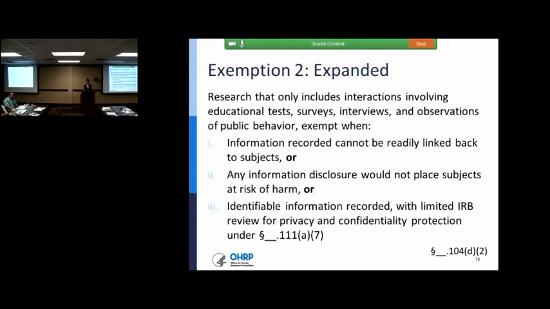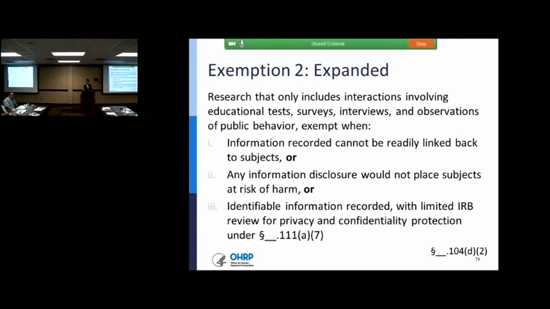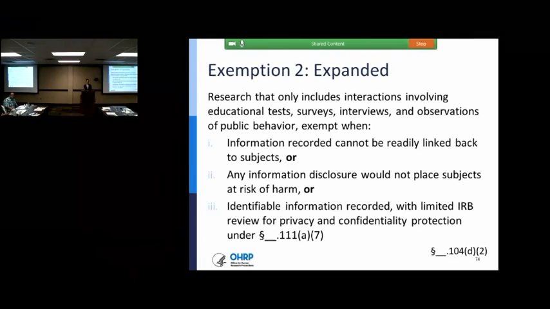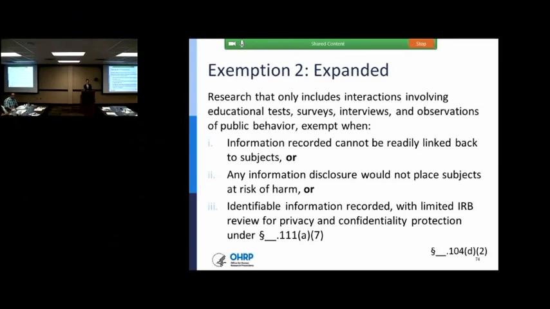So while there's no continuing review in the kind of study we're talking about, let's say the limited IRB review looked at the protection of the information, and it involved keeping the information in a locked safe when you weren't analyzing it.